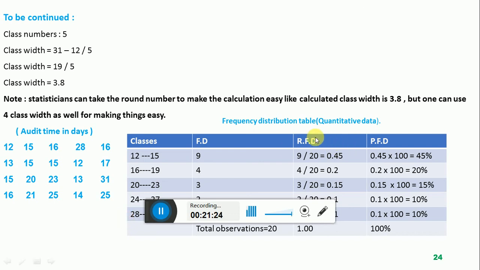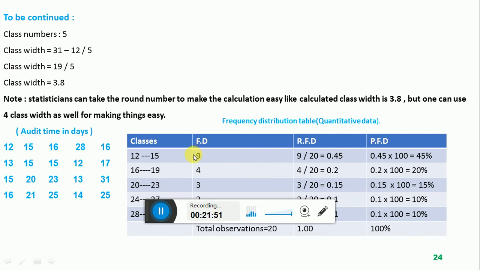Again, we are switching to the relative frequency distribution, which we studied in the previous slide. I am defining it again: relative frequency is the fraction, the proportion of a particular class relative to the entire data set, relative to all other classes. How can we compute the relative frequency of a class? Frequency of the class divided by the total number of observations.